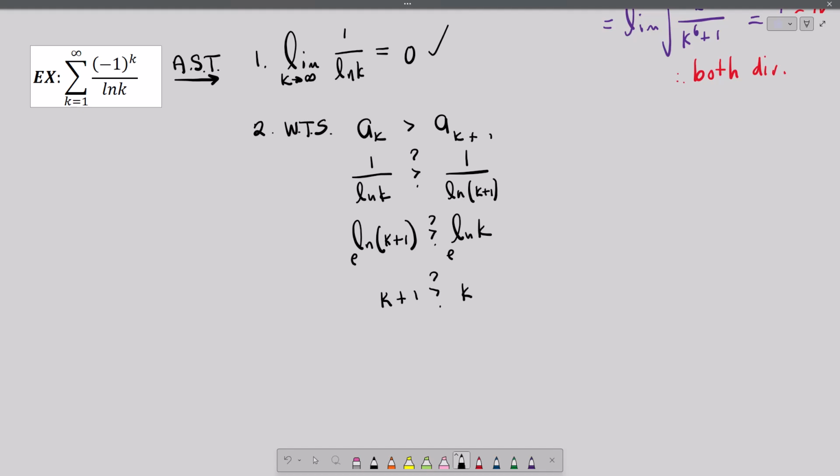And then if we subtract the k, we get to our numerical inequality that we can solve by inspection. And that is true. So now we've got both pieces of the alternating series test checked out. So our conclusion here is that therefore we have convergence. So this is regular old convergence. We treated each term as it's given to us. We didn't modify anything.